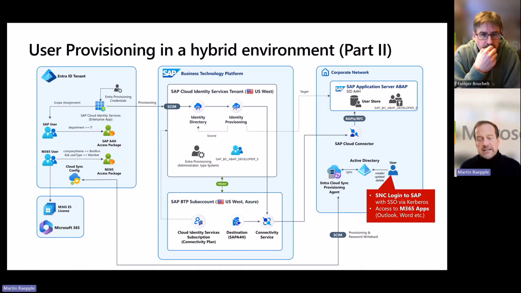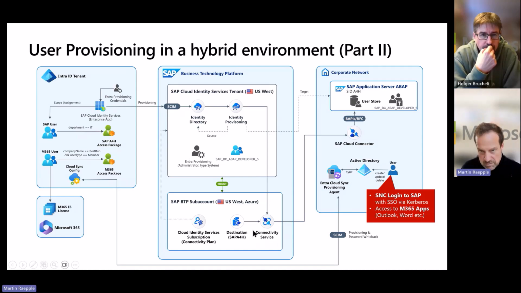Quick reminder here, when you start maybe also following this tutorial and the blog post and take a look at this scenario, ensure that you follow SAP's required pairing of the regions for the sub-account and the tenant. Otherwise, identity provisioning service won't be able to connect to the connectivity service in that sub-account.